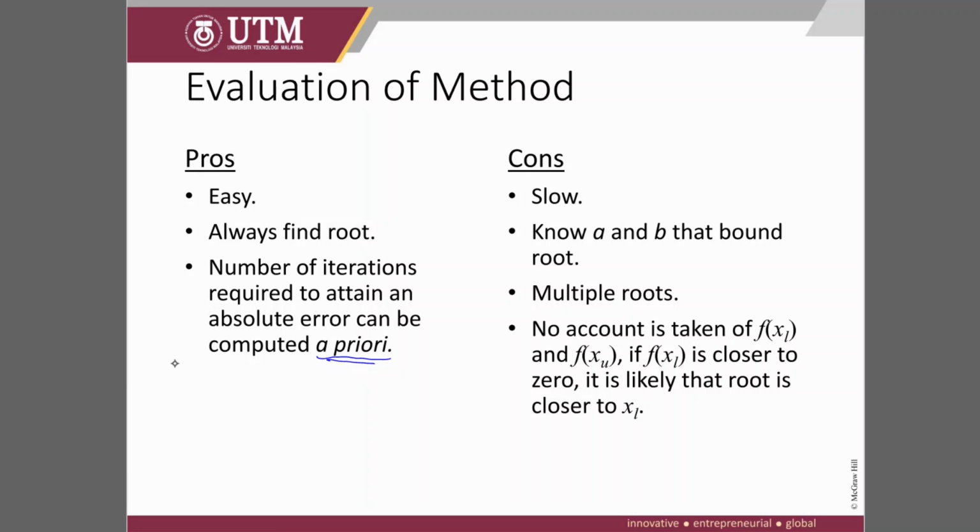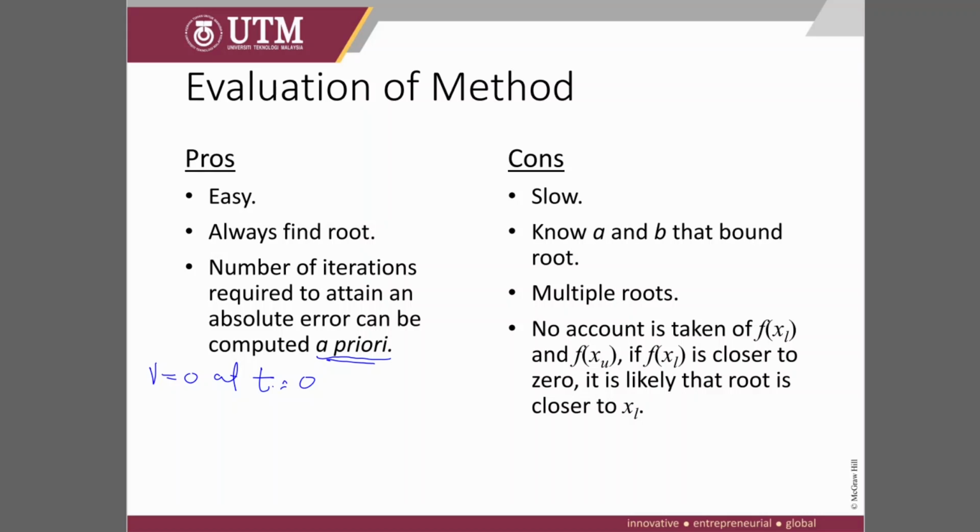For example, v equal to 0 at t equal to 0. So this is what is meant by a priori. From the word, I think it is Latin, but the English is prior to.